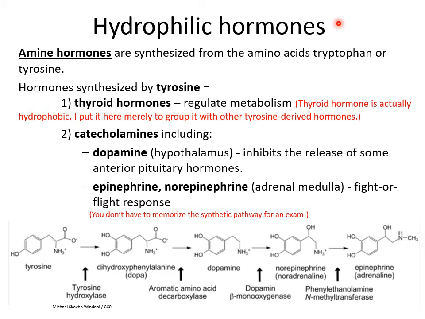These two types of hormones behave very differently in the body because they move around the body and bind to things very differently. Hydrophilic hormones freely diffuse in the plasma and extracellular fluid and any place where there's a watery matrix.